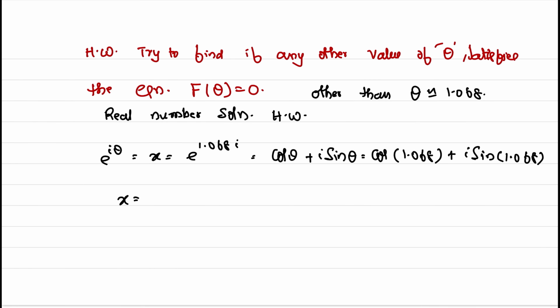Try to find out. And what is the sin 1.068? That also you try to find out. It is 0.481 plus i into sin 1.068, 0.876.